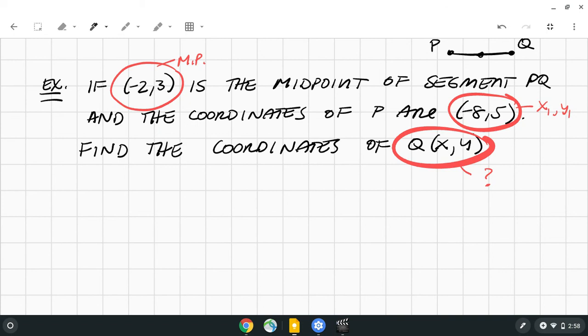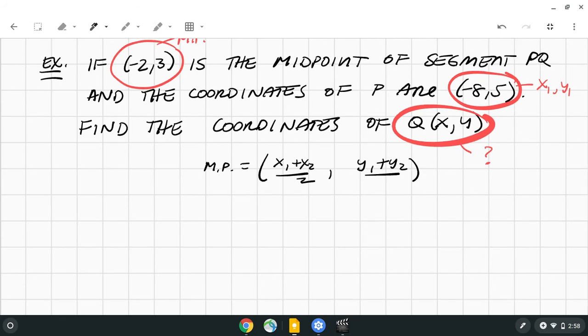So we know that our midpoint is adding the x's divided by 2, adding the y's, dividing by 2. So let's take a look. Over here for the midpoint, I can plug in negative 2, 3. And for x1 and y1, I can plug in negative 8 and 5. Negative 8, I don't know this one, 5, I don't know this.